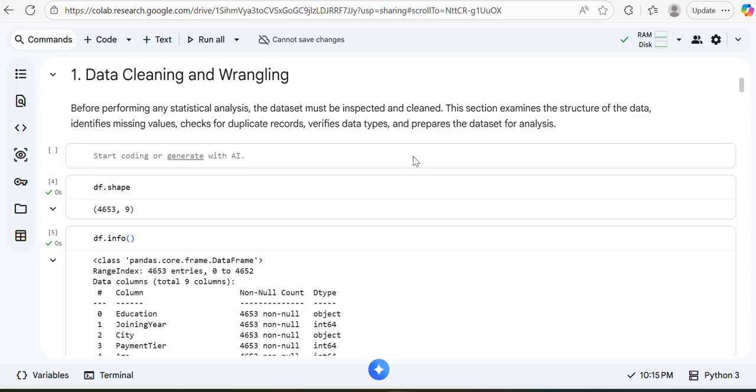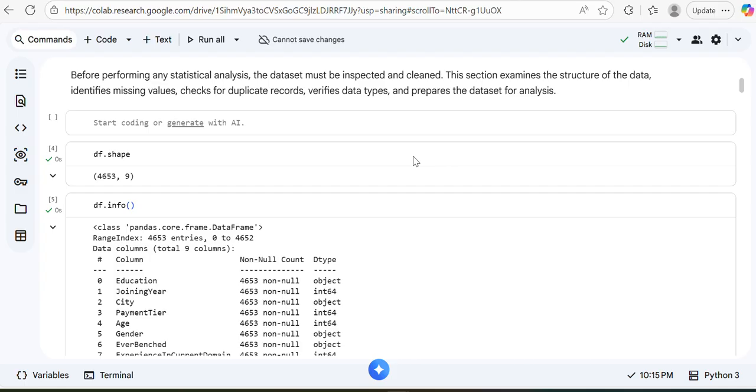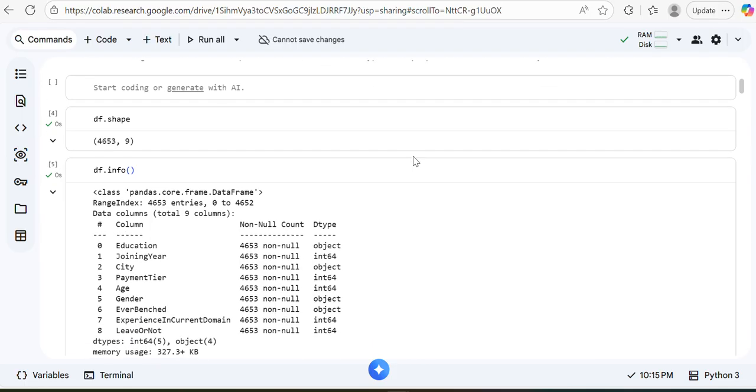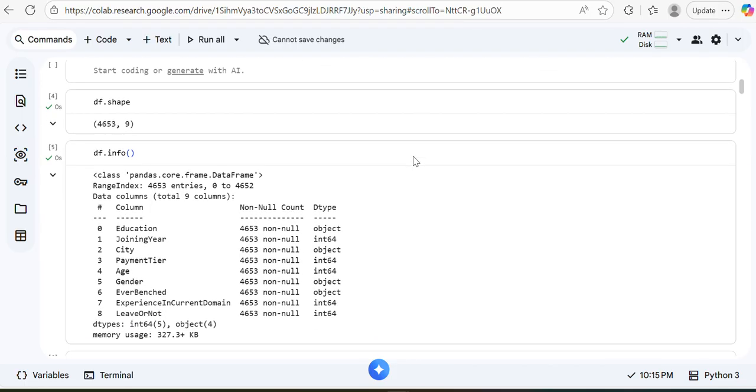Data cleaning. The first step was cleaning the data set. I inspected the structure of the data using the shape, info, and describe functions to understand the variables and data types, and then checked for missing values. I found that there were no missing values in the data set.